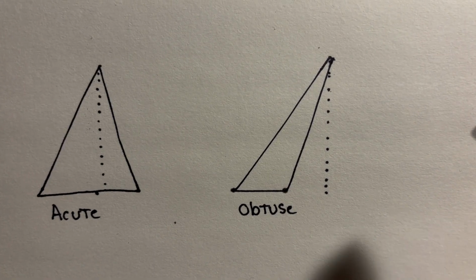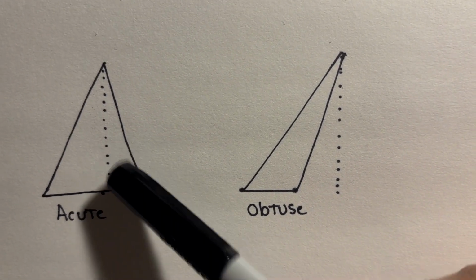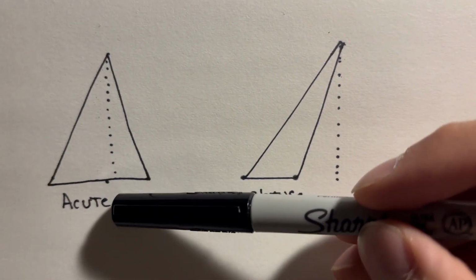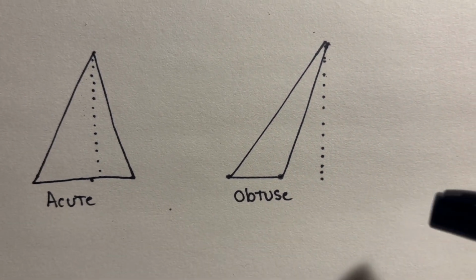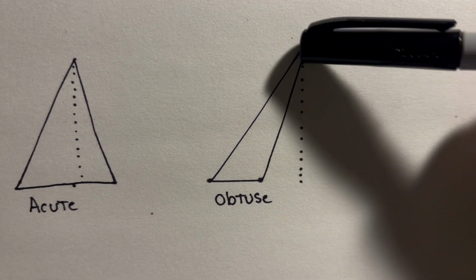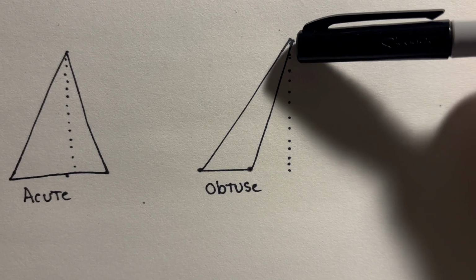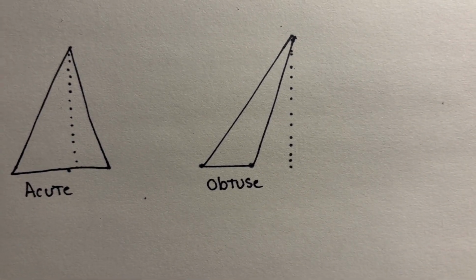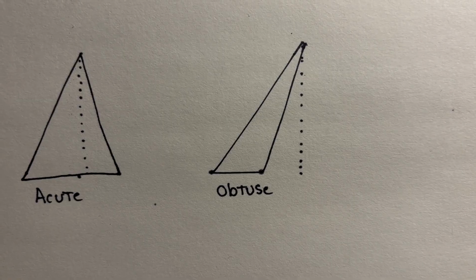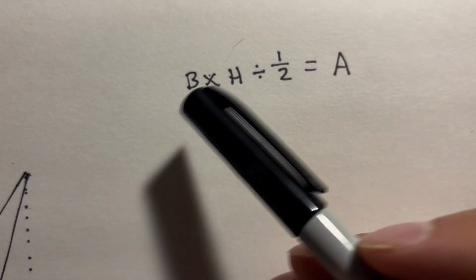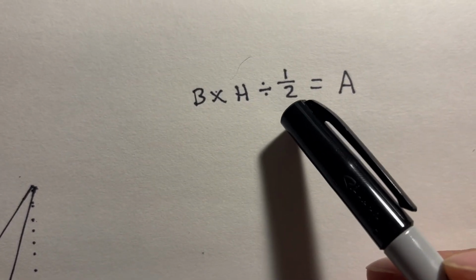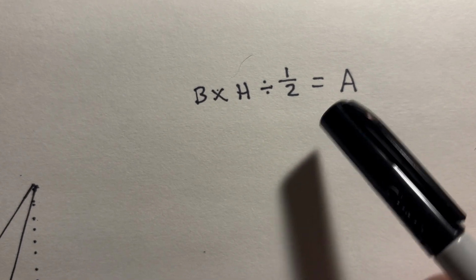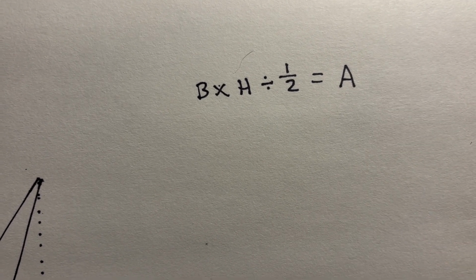So, sometimes the line is inside of the triangle, which makes an acute triangle. An obtuse triangle is when the line is outside, once you draw a straight line from the highest point. The formula is base times height divided by 2, or 1/2, equals the area of a triangle.